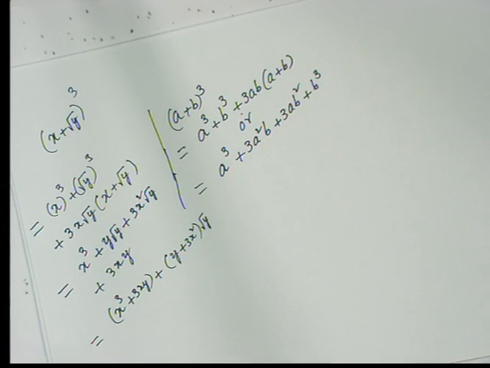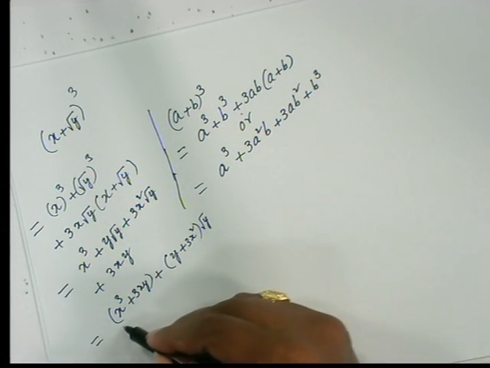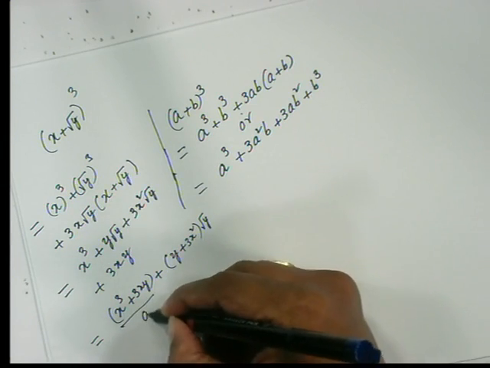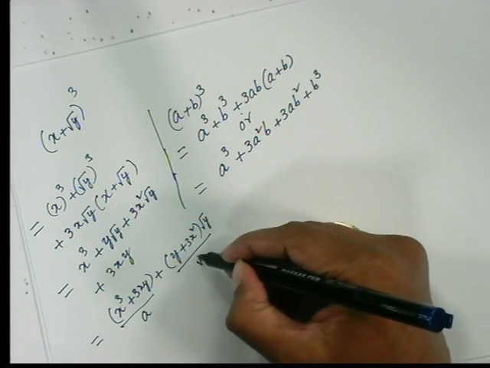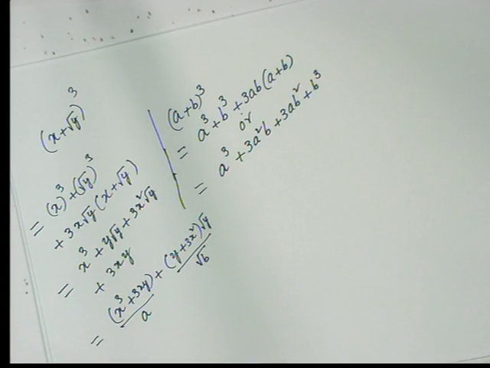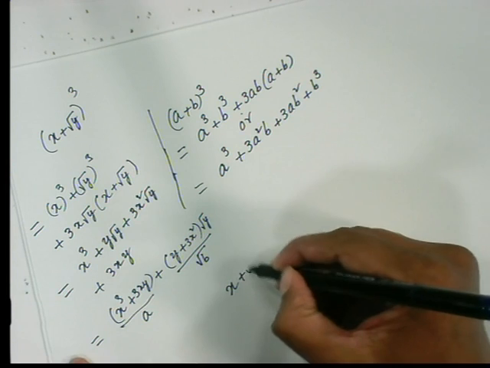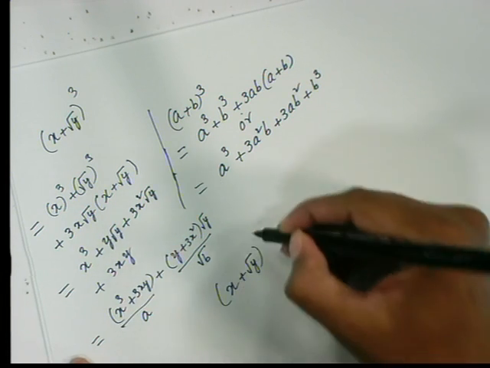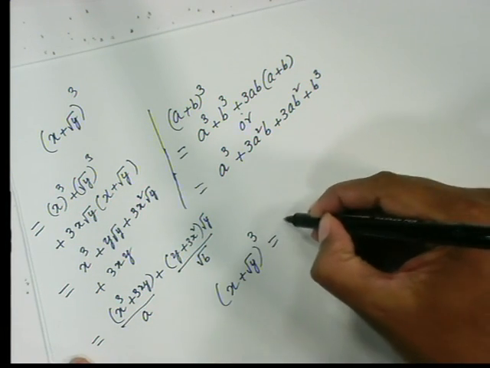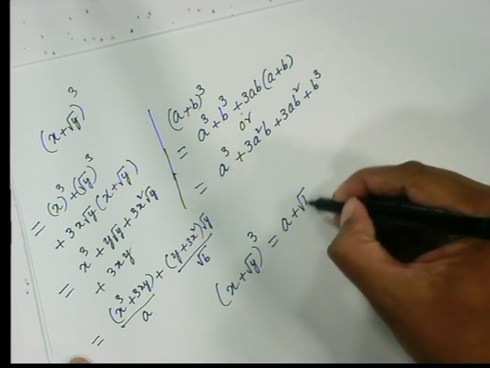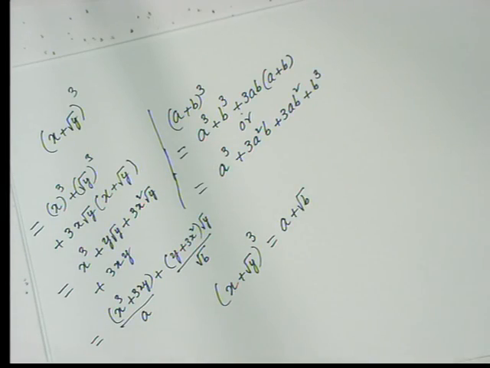If you carefully observe it, this is a, say this is a surd root b. So again this (x plus root y) whole cube is of the form a plus root b. That means the cube of (x plus root y) is always, again, a binomial surd of the form a plus root b.